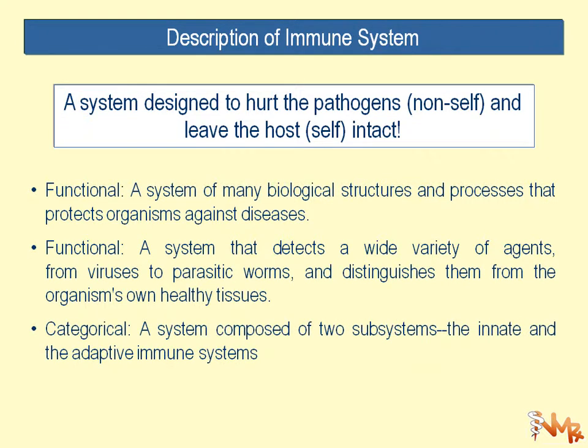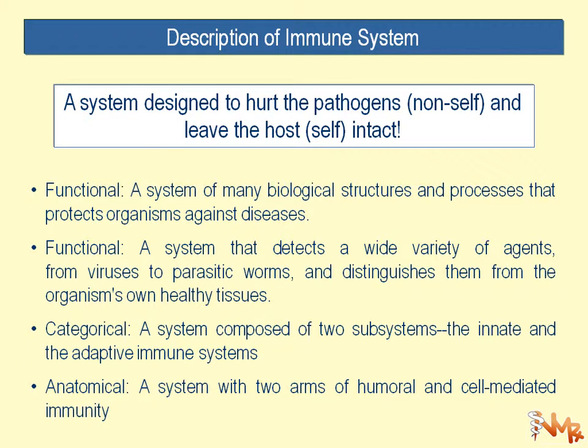A categorical description would be that this is a system composed of two subsystems, the innate and the adaptive immune systems. And finally, an anatomical description would be that this is a system with two arms of humoral and cell-mediated immunity.